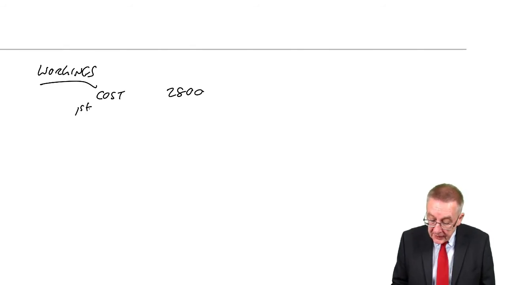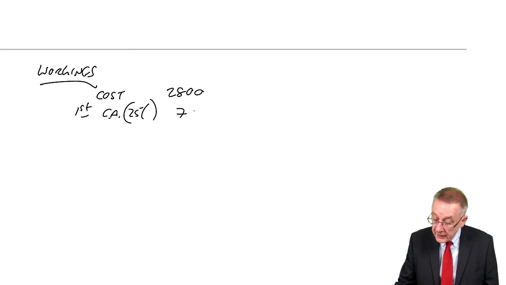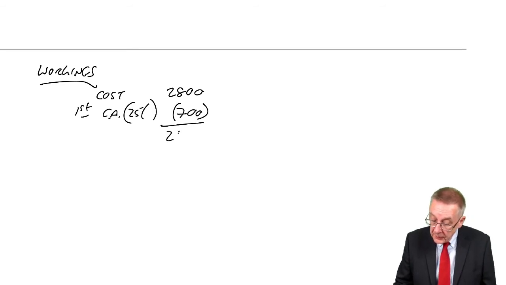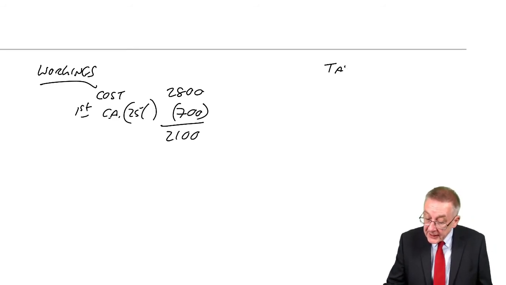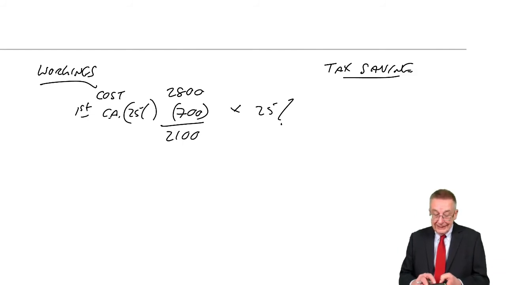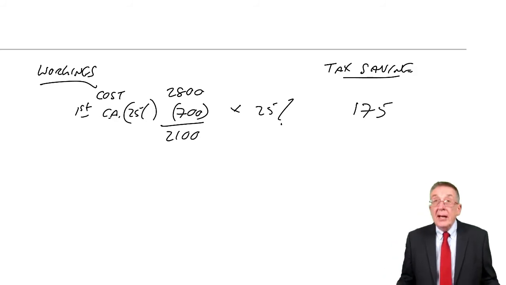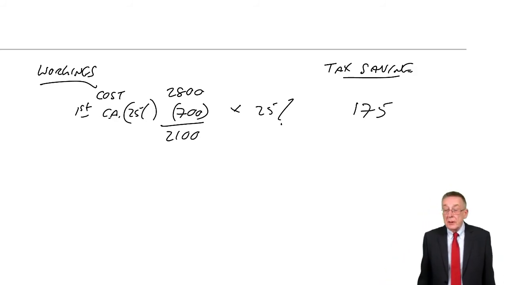And so the first capital allowances, 25% reducing balance, is 700, going down to 2,100. So the tax saving, the tax rate is 25%. So a tax saving of 175. I'll put it on the cash flow table in a minute.